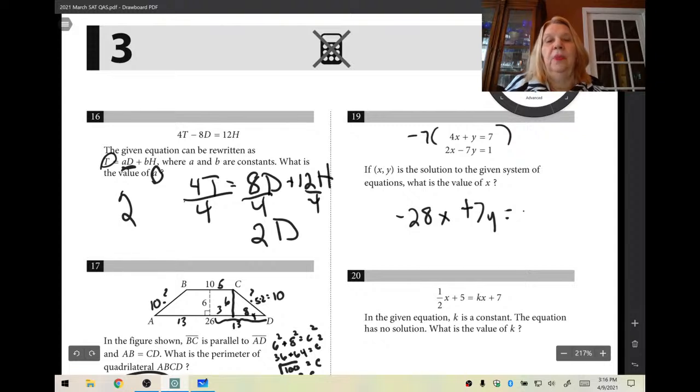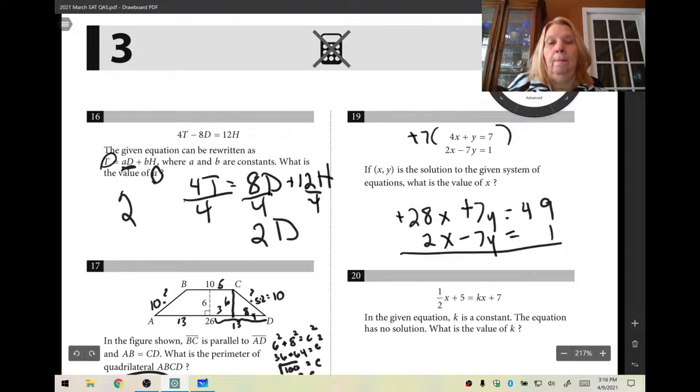Yeah, I want a positive. Sorry. Equals 49, 2x minus 7y equals 1. 30x equals 50. Dividing by 30, x is going to be 5/3.